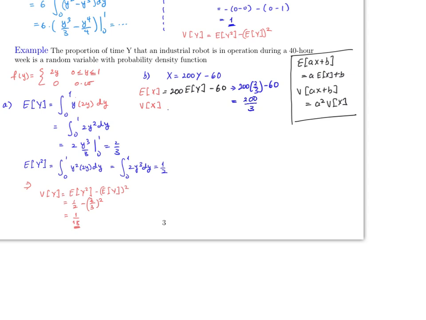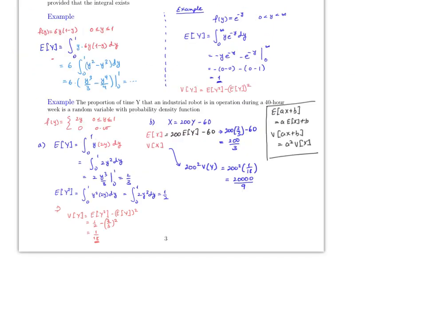And therefore for the variance, you use the formula, so this should be 200 squared times the variance of y. The variance we got was 1/18. So therefore, once you simplify, this is just 20,000 divided by 9.